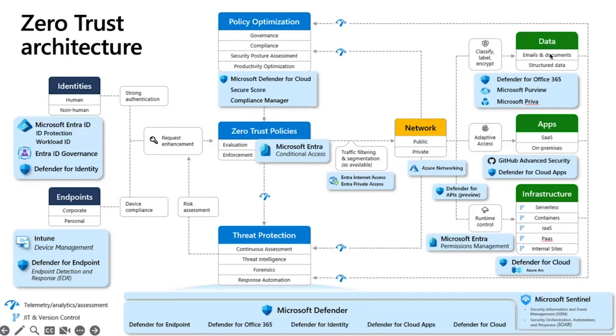Also, for data in the cloud, we can consider Defender for Office 365, Microsoft Purview, Microsoft Priva, and encryption, labeling, classification. These things come under data security. Then we talk about applications, like software as a service applications or on-prem. Definitely, we have Defender for Cloud Apps for SaaS applications.